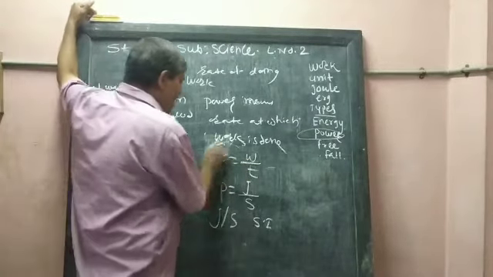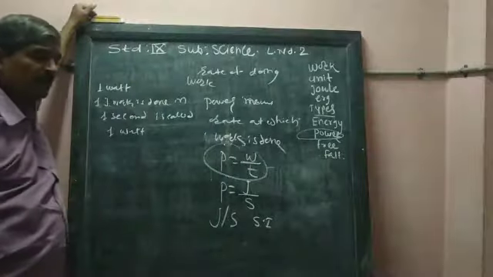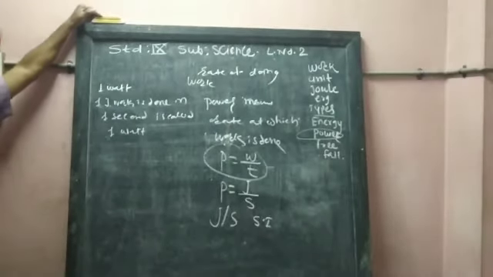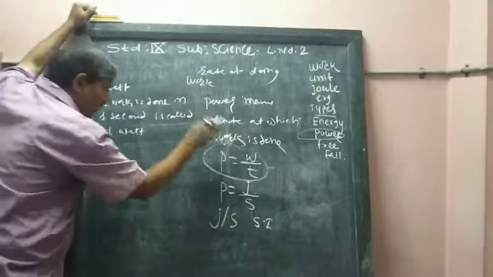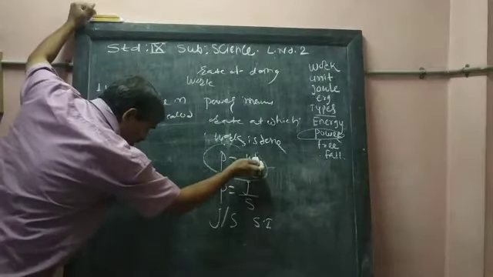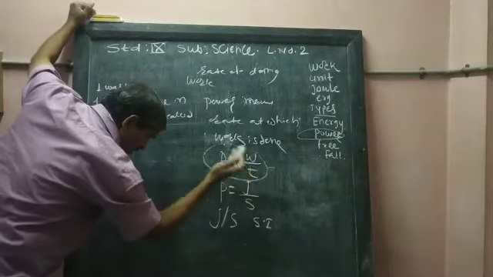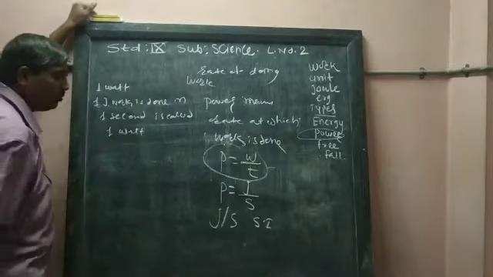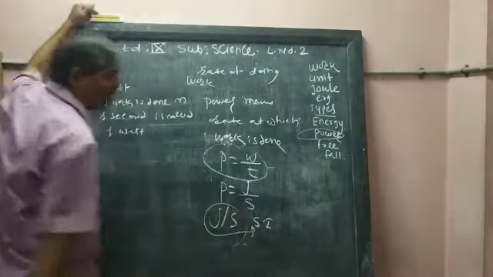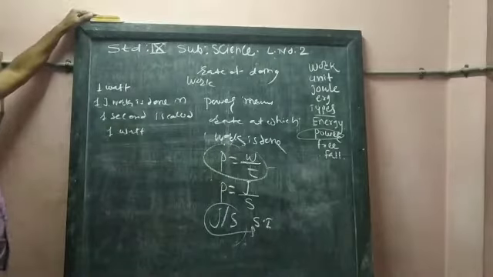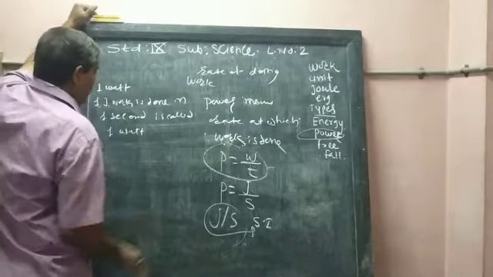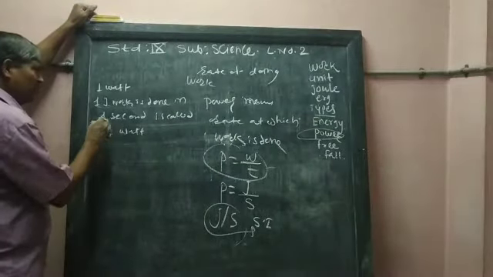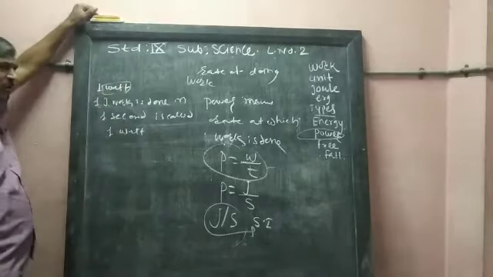What is the formula of power? The formula to calculate power is P is equal to W upon T. Work done is measured in joule, time in second. Therefore joule per second is the unit of power in the SI system, and that is called 1 watt.